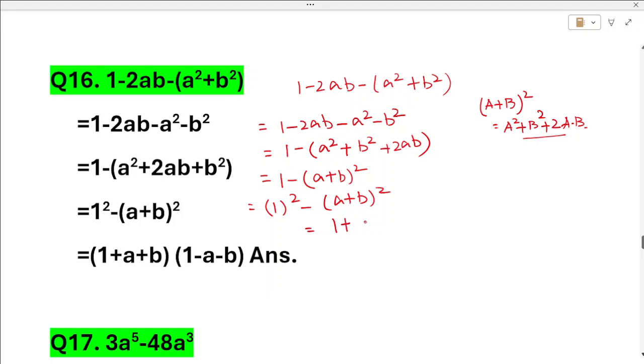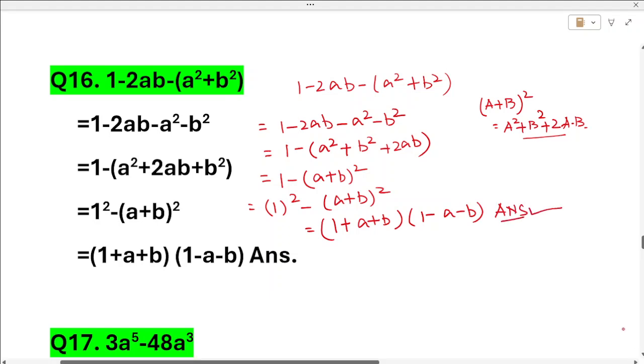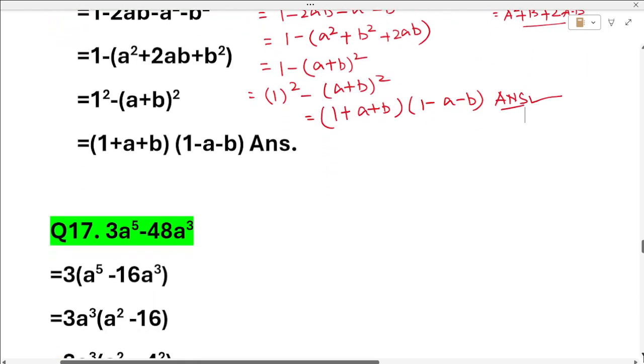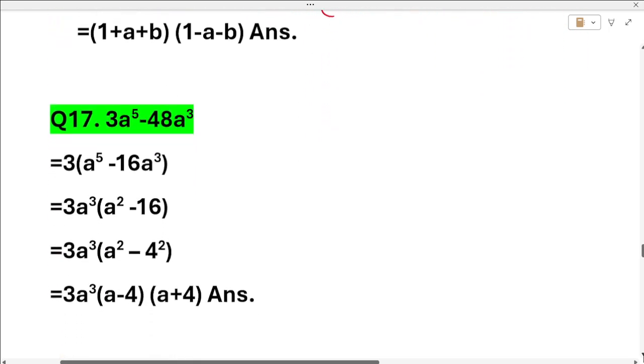The sum is like this and the difference is 1 minus a minus b. If you open the bracket it will become 1 minus a minus b. I think you understood. If you have any problem in understanding the steps, kindly comment in the comment section.